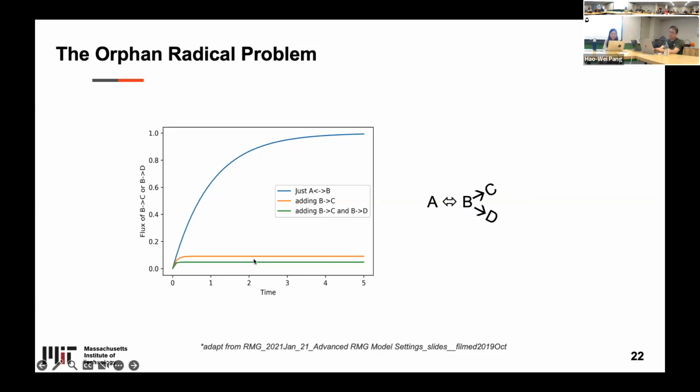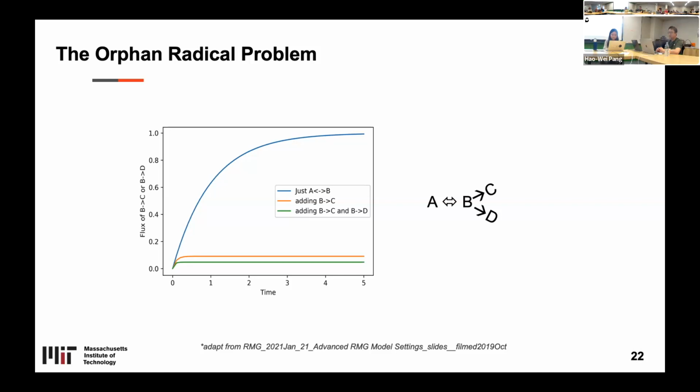So once RMG puts one of them in the core, it will make RMG think that the other species is not important anymore because now it has low flux. Say RMG takes C to the core, then all the B in the core will go to C directly, and there's only a very, very small amount of B left that can go to D. So that's why it's called the orphan radical problem. This problem happens very frequently for radicals.